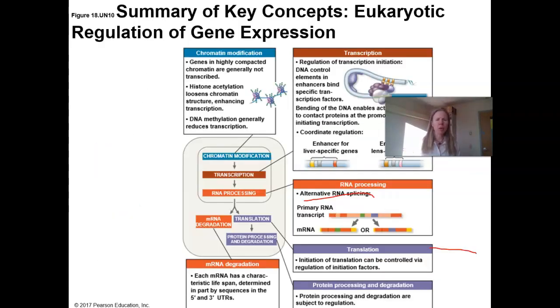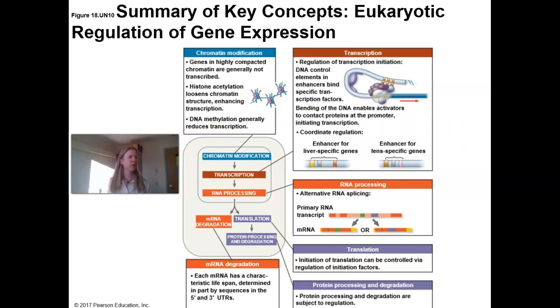And so again, I think this particular image is really nice at summarizing. So feel free to look into any of these areas further, but do not get lost in the weeds. There is a lot going on here, and some of it's super fascinating, but we're going to keep it a little bit tighter for general college biology purposes.